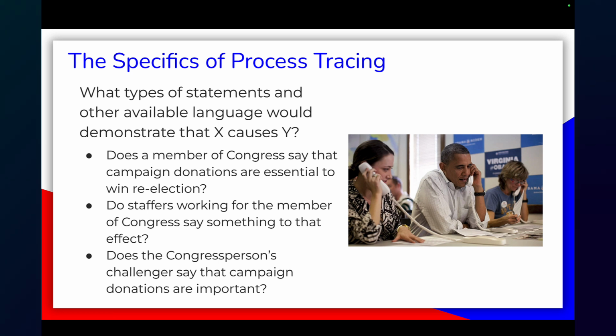So again, what you do is you ask yourself, who is pivotal to my theory? What actors are pivotal to my theory and hypothesis? And then you ask yourself, what statements would I be looking for from these actors if my hypothesis were correct, okay?